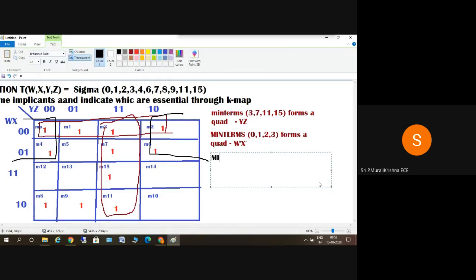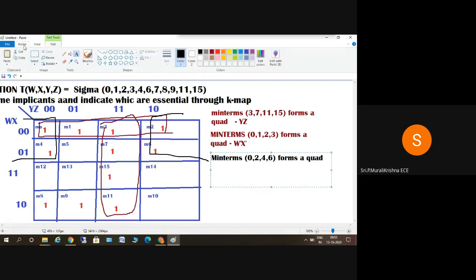So minterms 0, 2, 4, 6 form a quad. What is the product term for this? Check the row term.